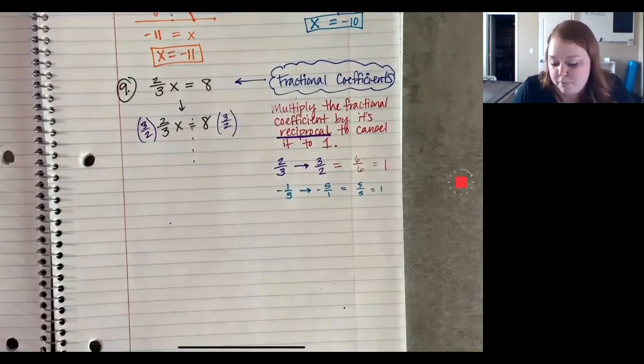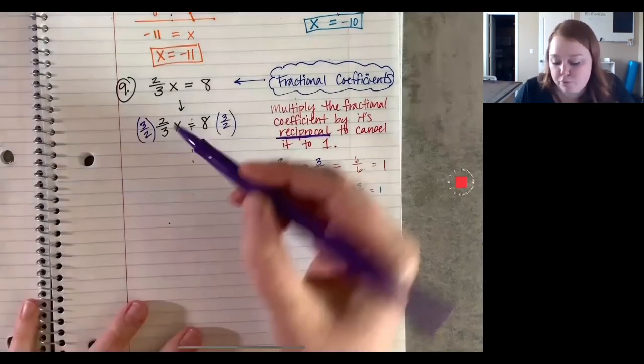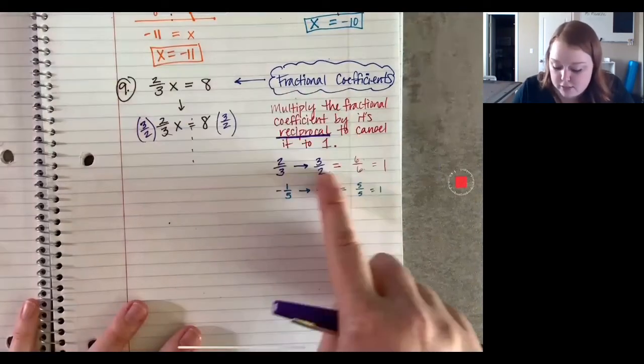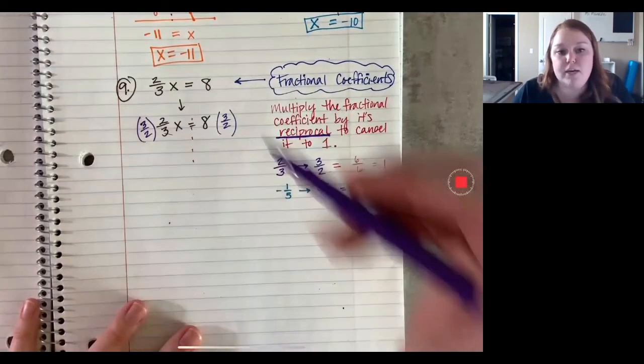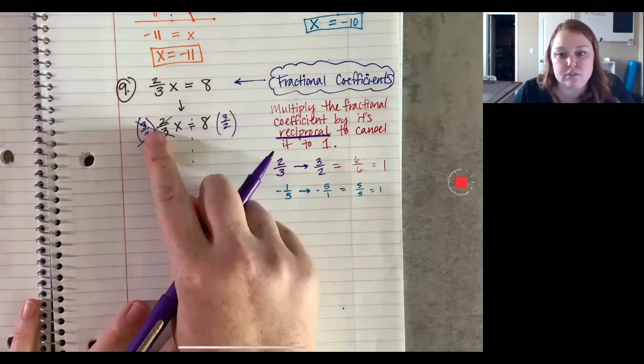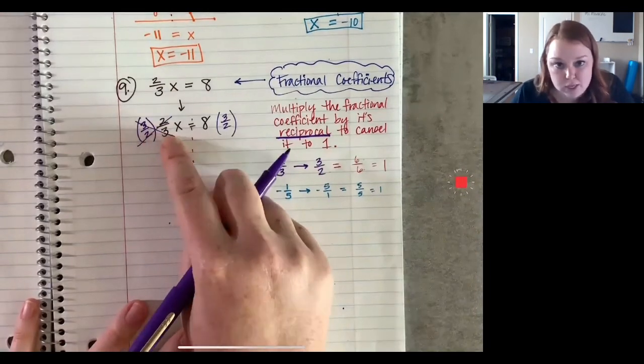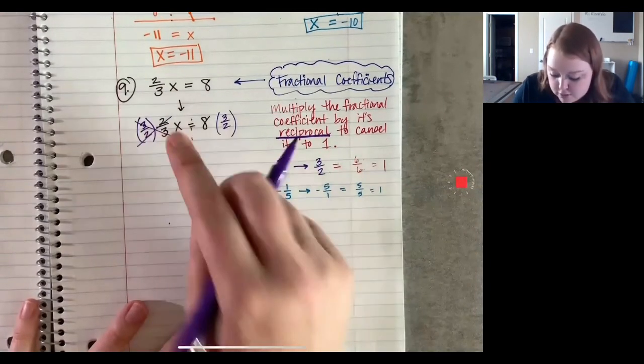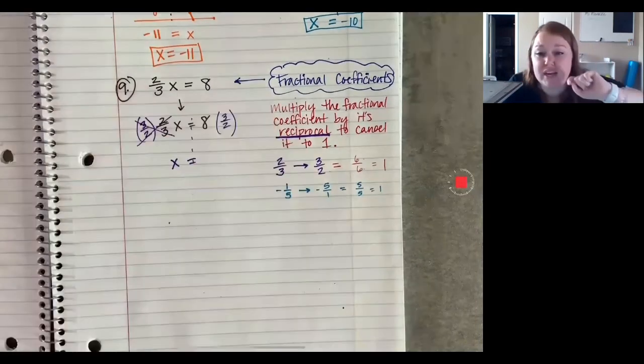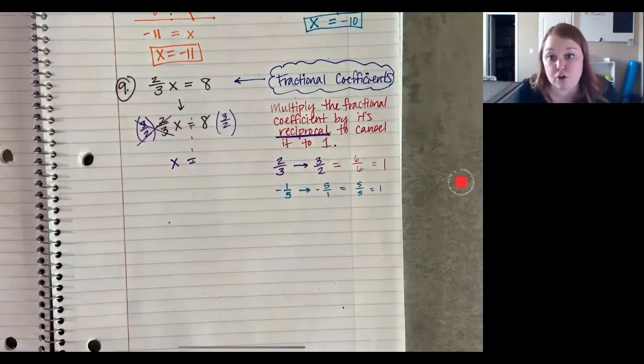Okay, what happens here? This cancels out. I proved it to you right here. It cancels out because if you were to multiply it up, it'd be 6/6. 6 divided by 6 is just 1, and 1 times x is just x. Boom, we did one thing to cancel out the fractional coefficient.